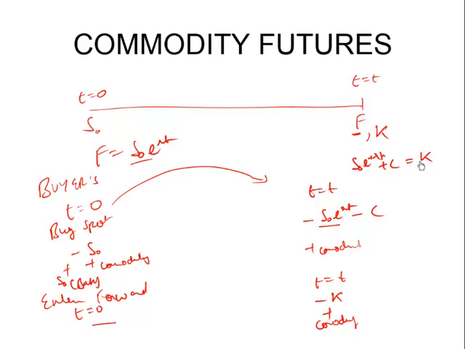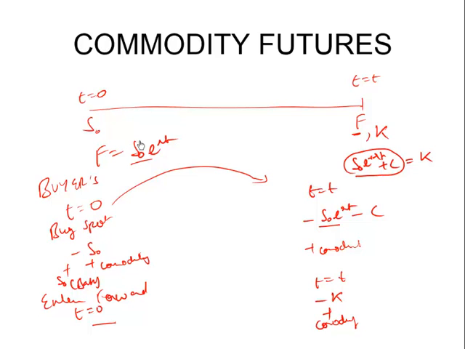You can similarly prove from the seller's perspective that the seller will not accept anything less than this, and the buyer will not be willing to pay anything more than this. So if K is more than this, he'll rather buy and store it himself. If K is less than this, the seller will not enter into the contract because he'll rather sell it in the spot.